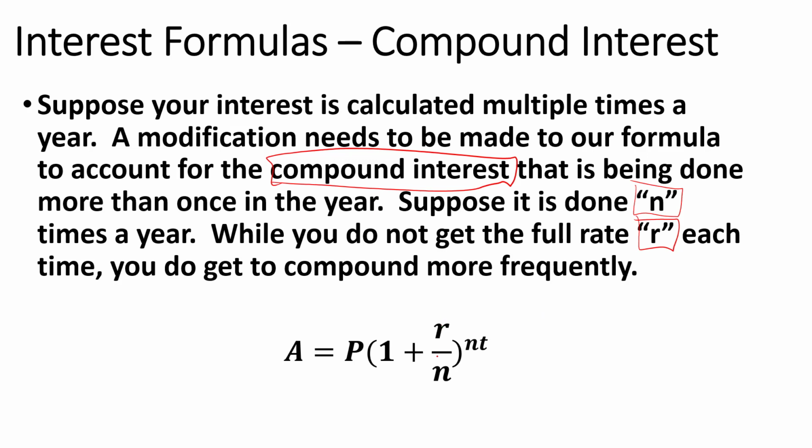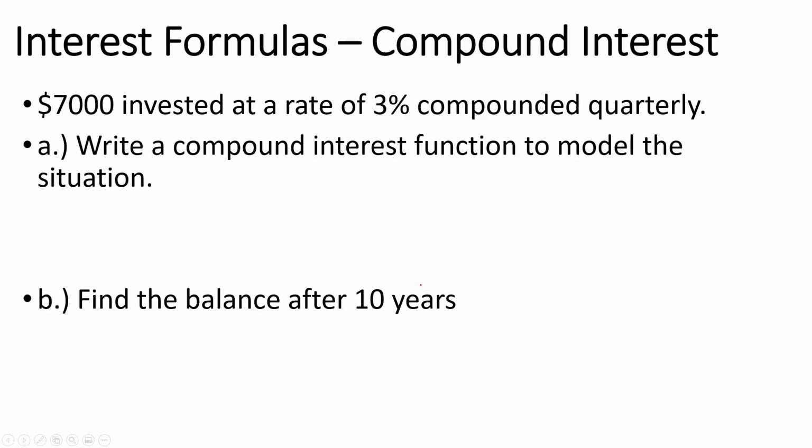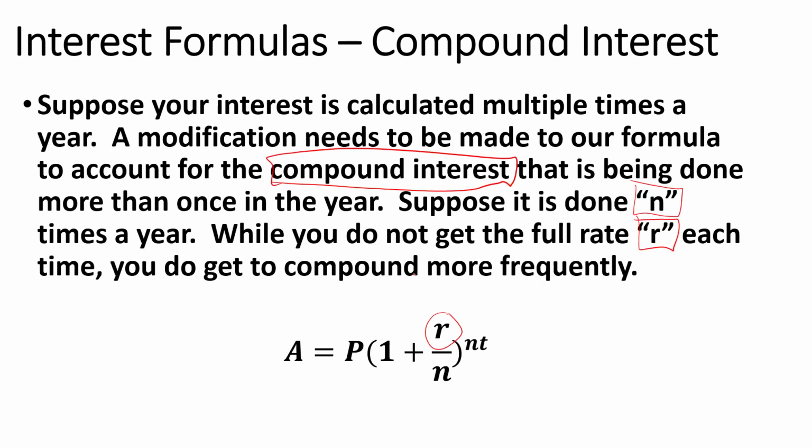So notice in our formula down here, our rate is getting divided by the number of times we are compounding the interest, or adding the interest in, so that our future interest is based on our increasing principal. Well, then we raise it to the nth power, the number of times we're compounding interest, times our time.